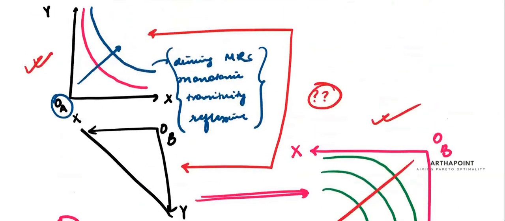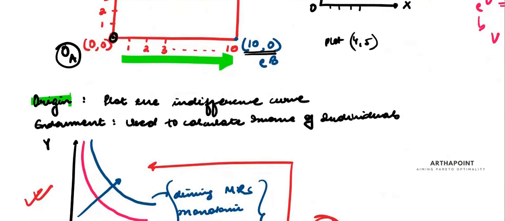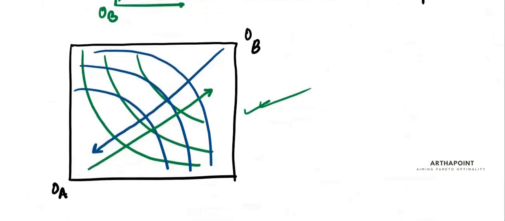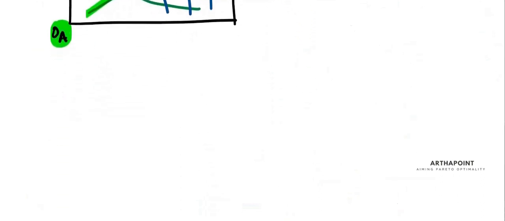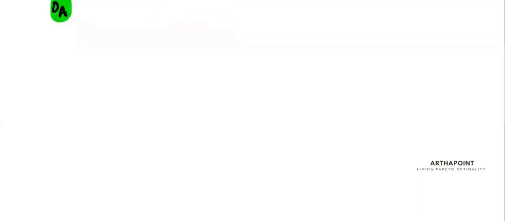So the origin is used to plot the indifference curve. And here this is telling me that, okay, this is the origin. The indifference curves are plotted away from the origin to show higher preferences. Now, once we have understood endowment, origin, Pareto efficiency, I am going to combine everything together. So let's talk about Pareto efficiency.